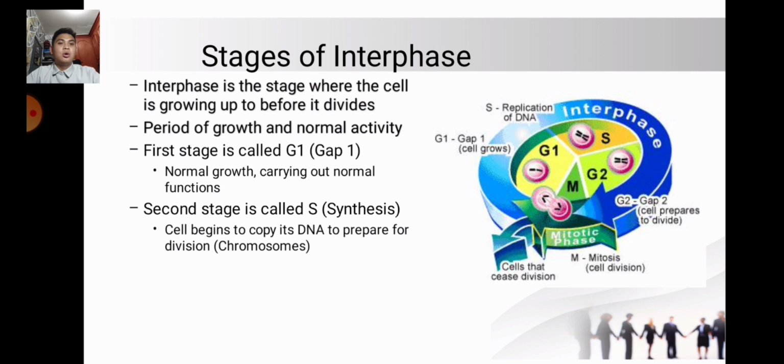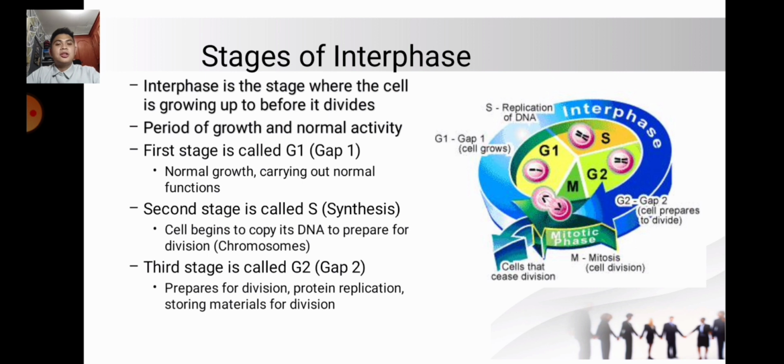The second stage is called the S or synthesis, wherein the cell begins to copy its DNA to prepare for division. We call the divided structures chromosomes. And the third stage is called G2 or gap 2, wherein it prepares for division, protein replication, storing materials for division.